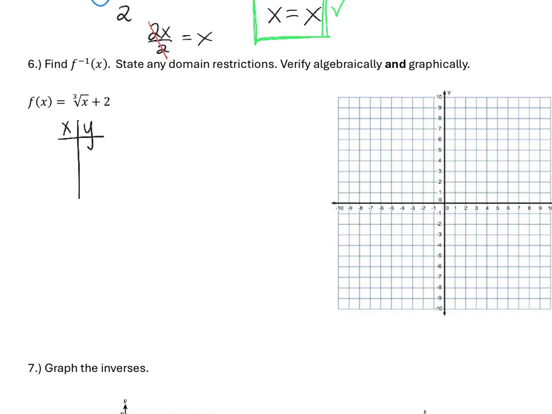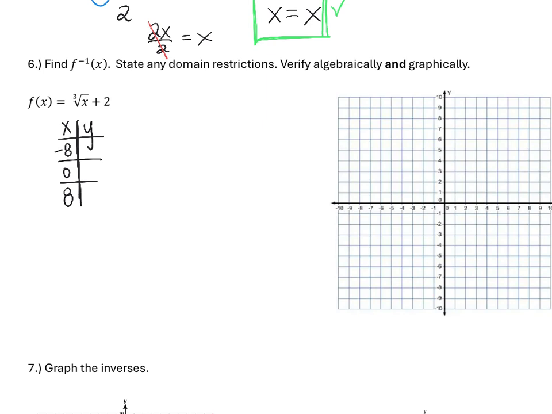Remember, you can graph any function by choosing x values, plugging it in, and getting out a y value. You have to know this. Okay? If we choose 3, because I always like at least 3 points graphed, perfect cubes would be like negative 8, 0, 8. Let's just do those.